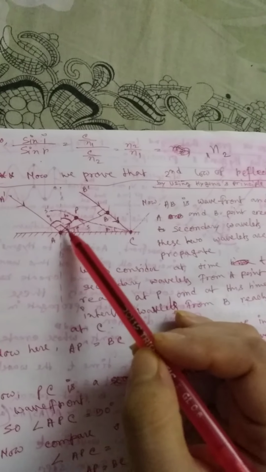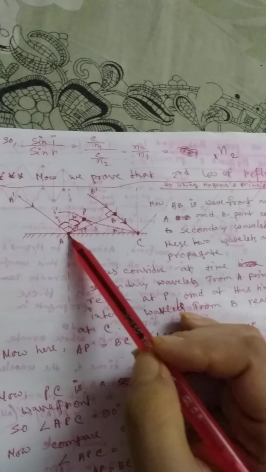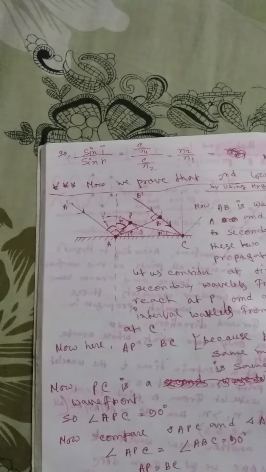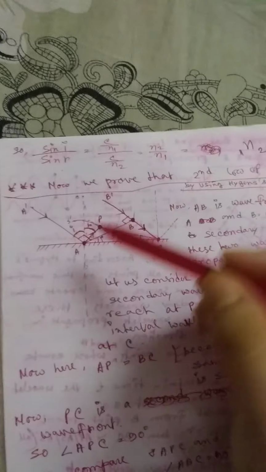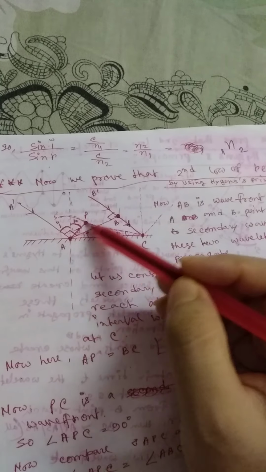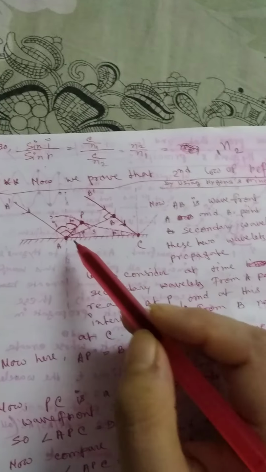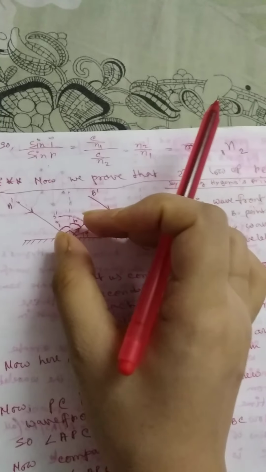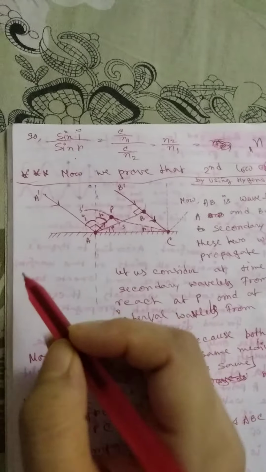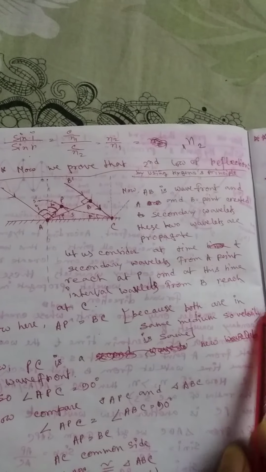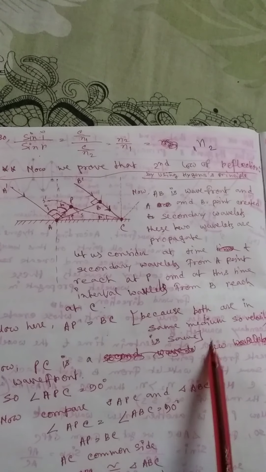Because both the light generated from A and the light generated from B travel in the same medium. That means the velocity of this wavelet equals the velocity of that wavelet, and both cover this path in the same time. That means AP distance equals BC distance, because both are in the same medium, so the velocity is the same.